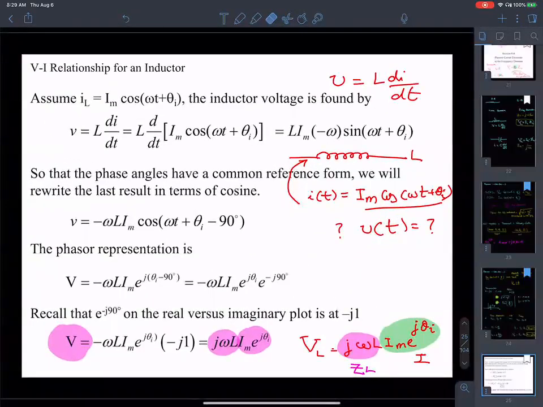Okay, and then we're going to look at some example problems that clarify all of this today.